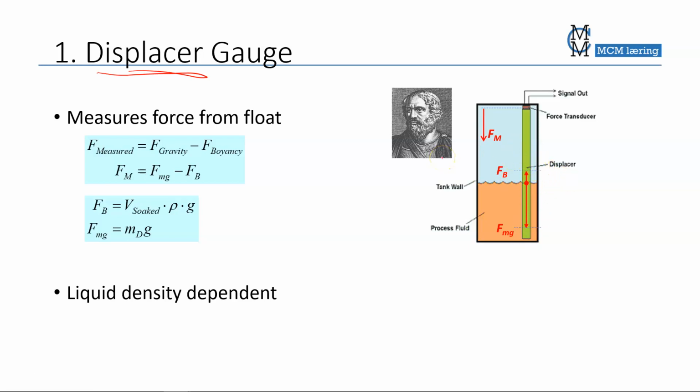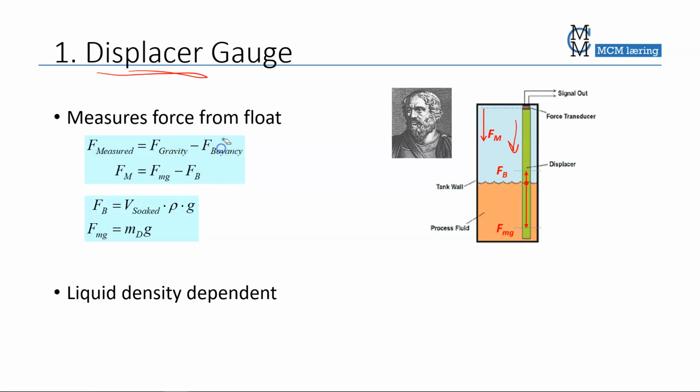So the force that I measure on top here depends on two things. The gravity will try to pull the rod downwards, and the buoyancy will try to lift the rod upwards again.